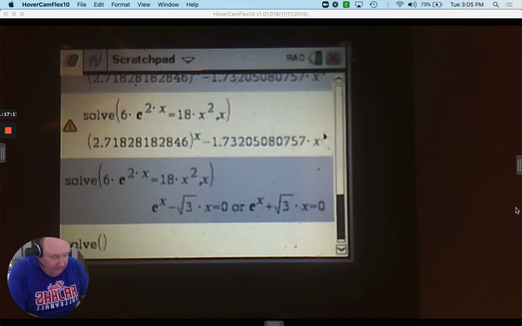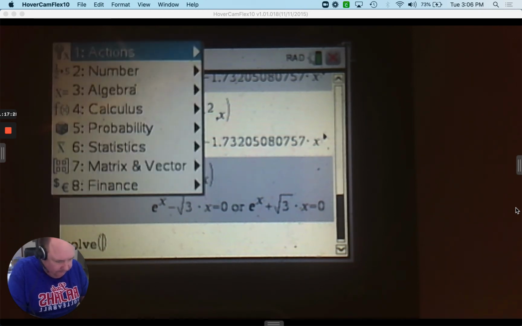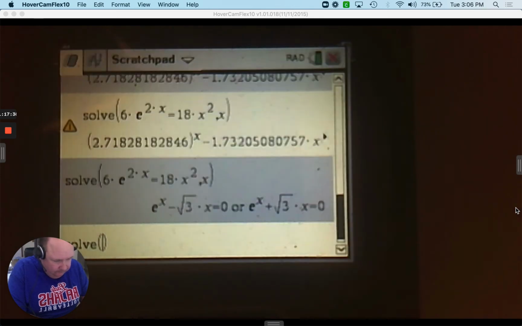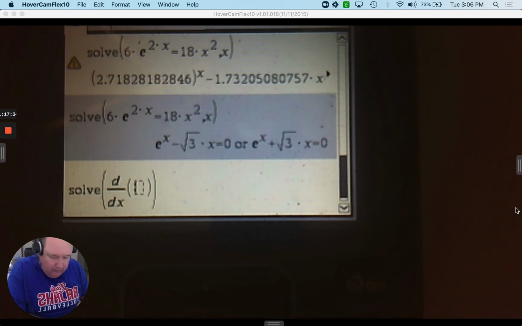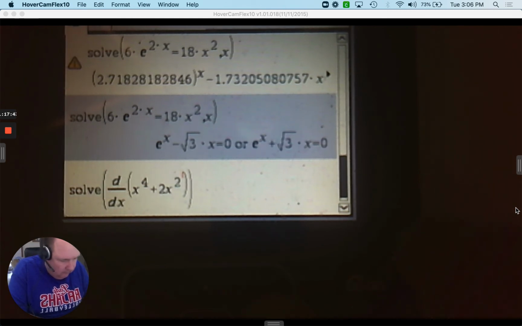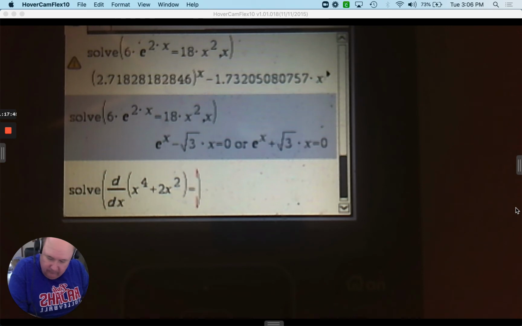And I have x to the 4th, or the derivative. So we want to do the derivative. And we're doing the derivative of x to the 4th plus 2x squared equal to 1 comma x.